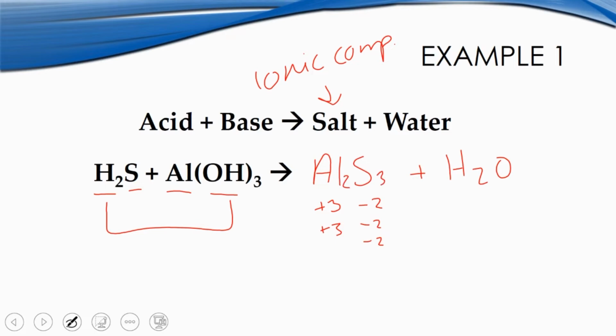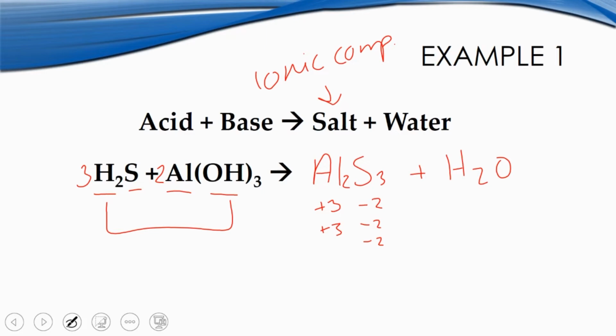Of course, as I've mentioned before, you always need to make sure that your chemical equations are fully balanced. I'm not going to go in depth into that right now, but it is important that we understand how we achieve some of these balancing problems. So just a quick check here.